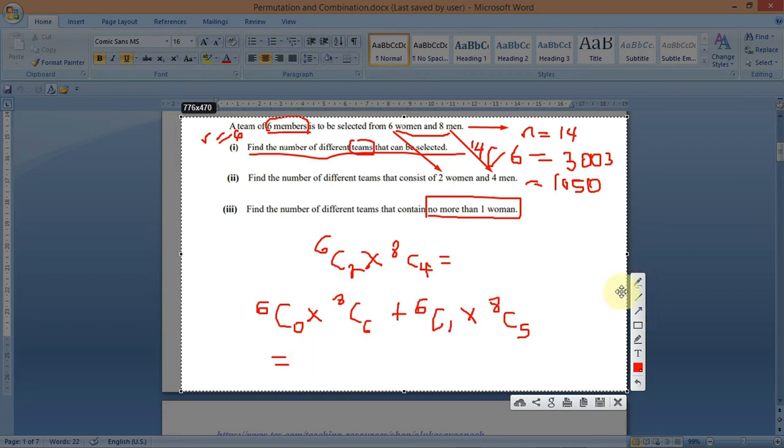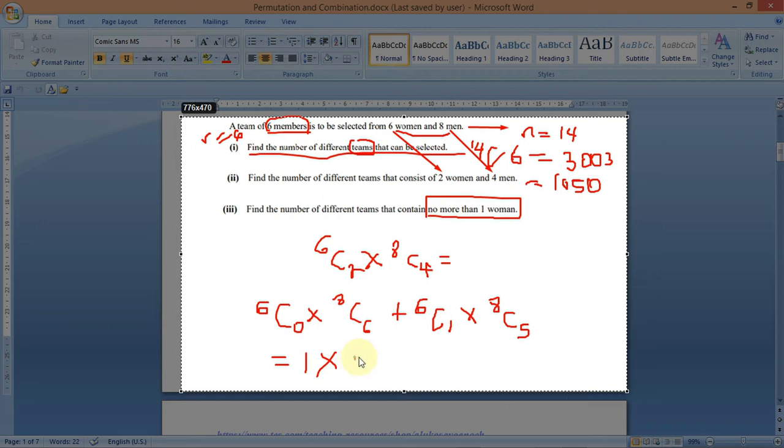So 1 times 8 combination 6, that is the men, 6 members. So that's 28.